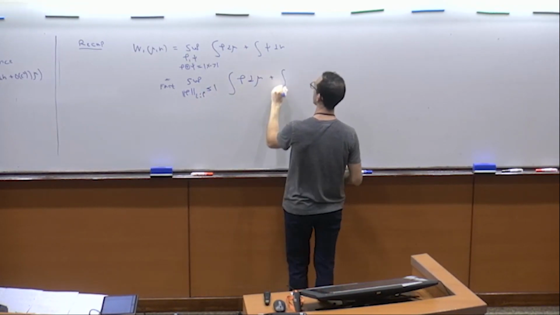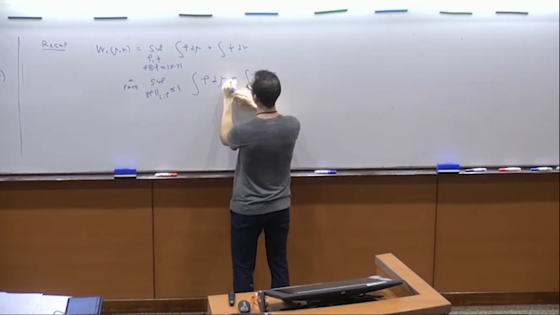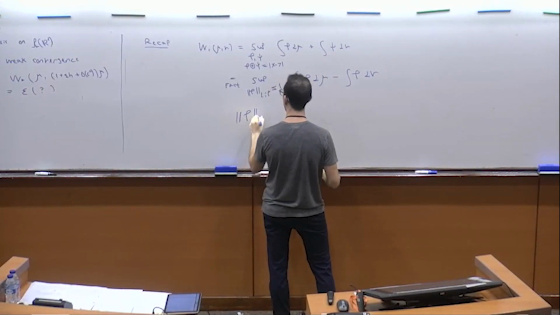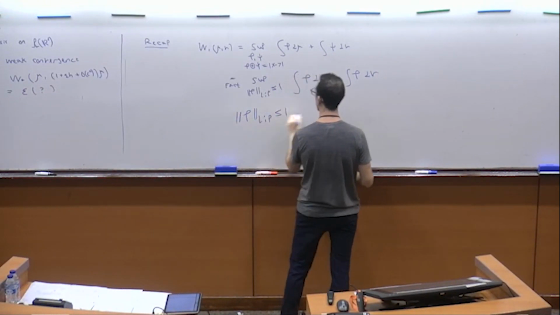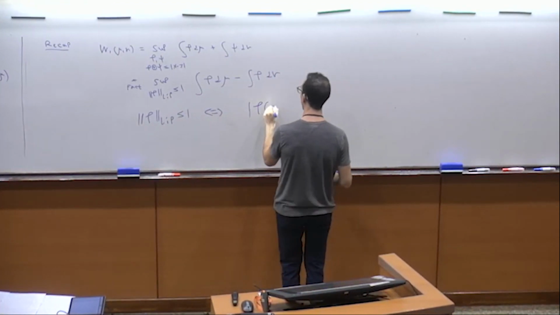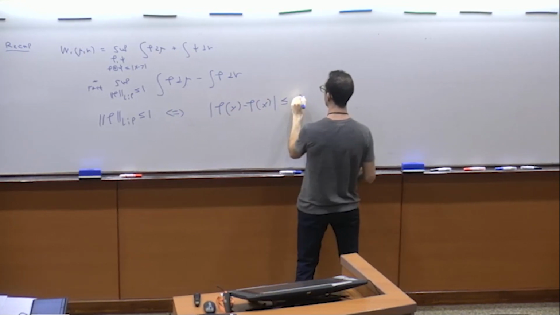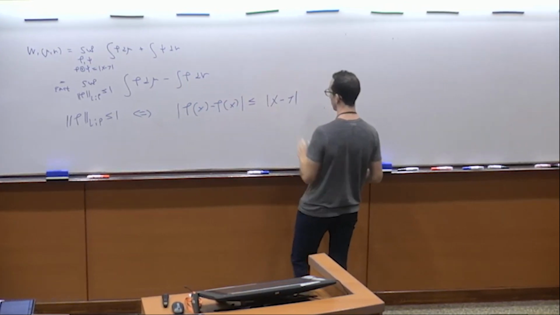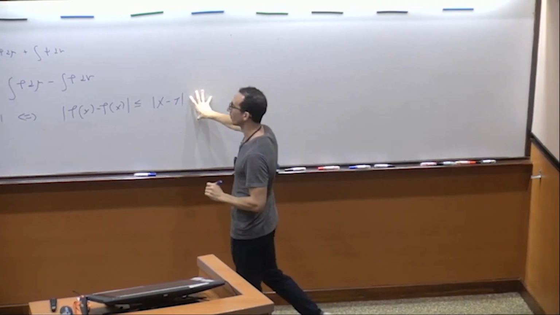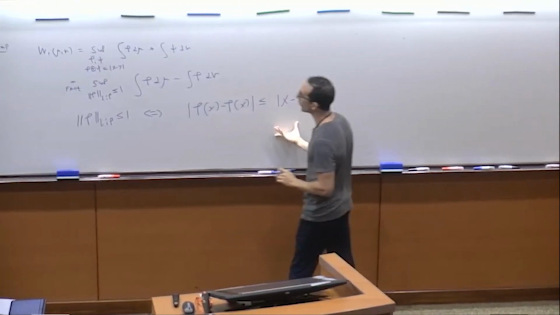And I will remind you what that means. What does it mean that the Lipschitz constant of phi is smaller than 1? That's the same as saying that phi of y minus phi of x is upper bounded by the norm of y minus x, here the L1 norm. So that's what it means for a function to be 1 Lipschitz.